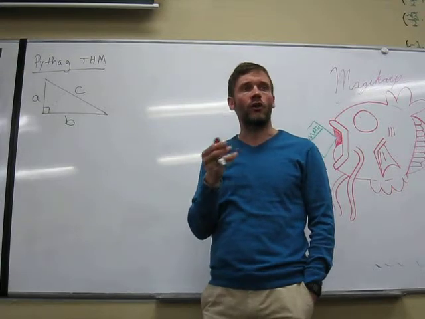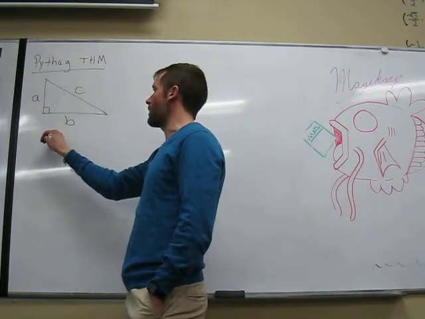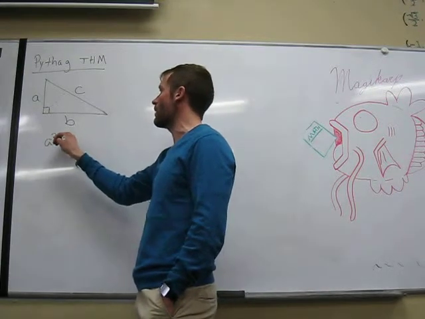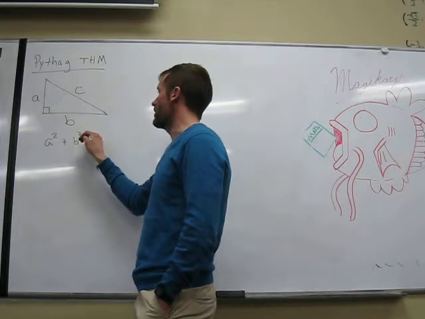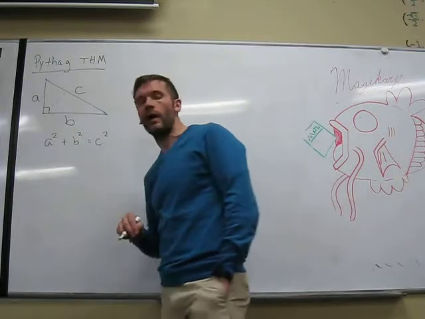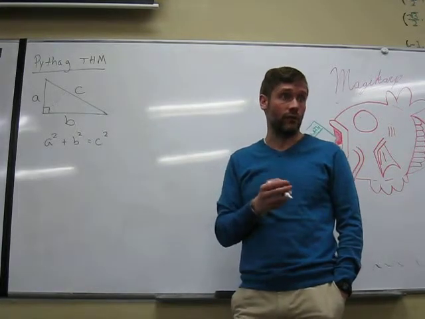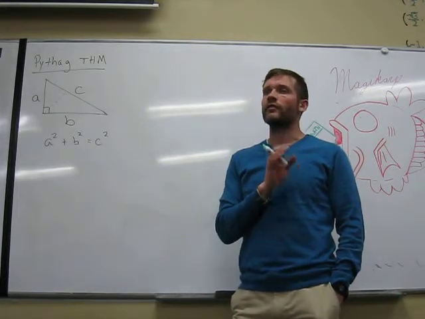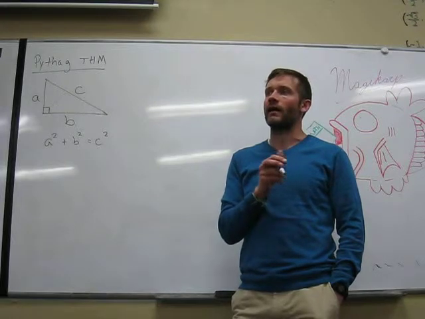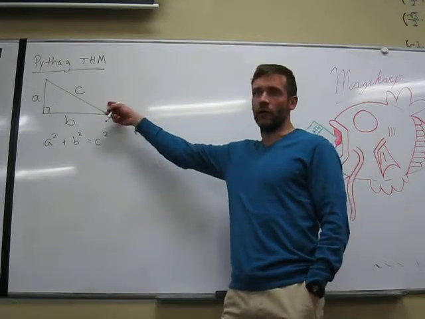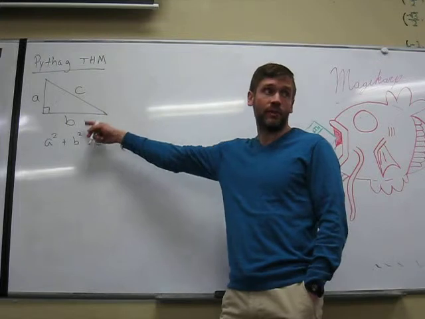You don't need to know that, but what you do need to know is the Pythag theorem says the square of the legs added together is equal to the square of the hypotenuse. So a squared plus b squared is equal to c squared. The letter C, though, only applies to the hypotenuse in this triangle. In another triangle, C could be one of the legs.